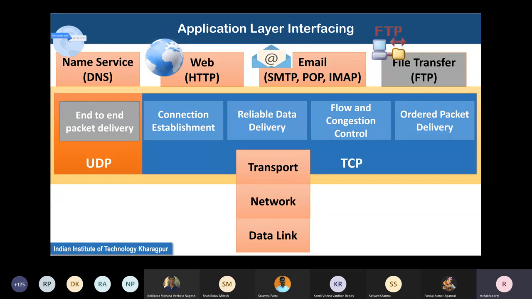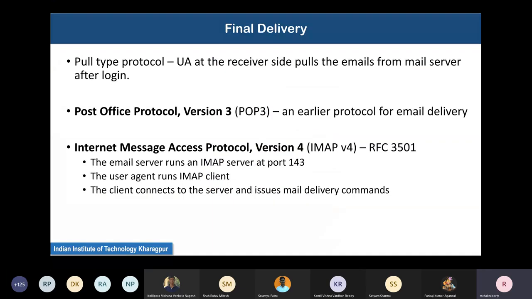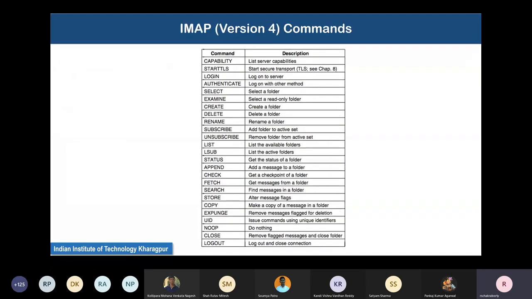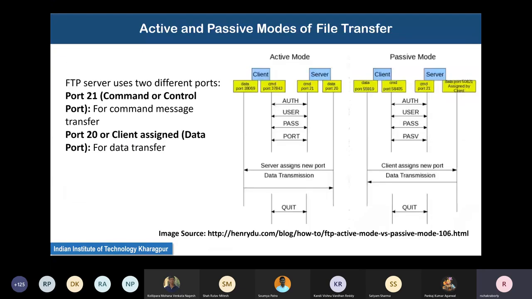Okay, so why would this FTP application need the help of TCP? Because the FTP application has commands like user and password. These are FTP commands, but in TCP there is no command called user, password, or port.